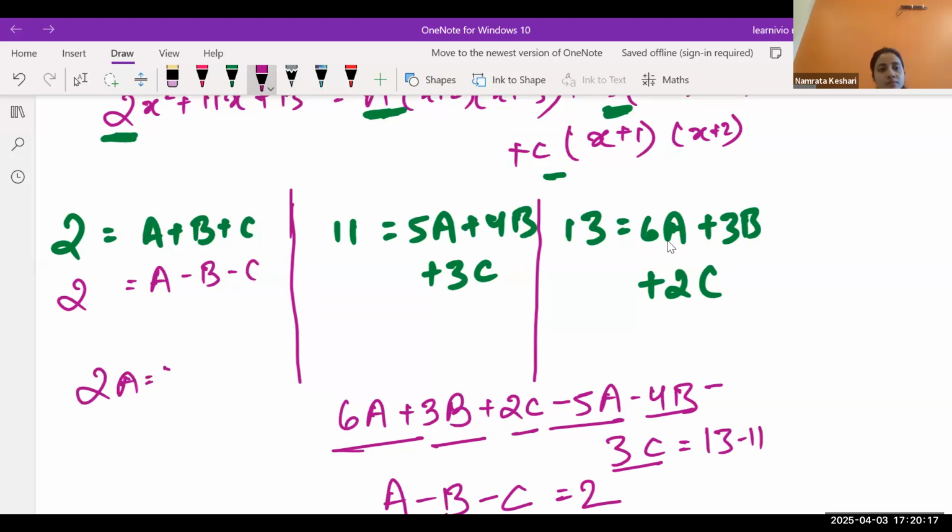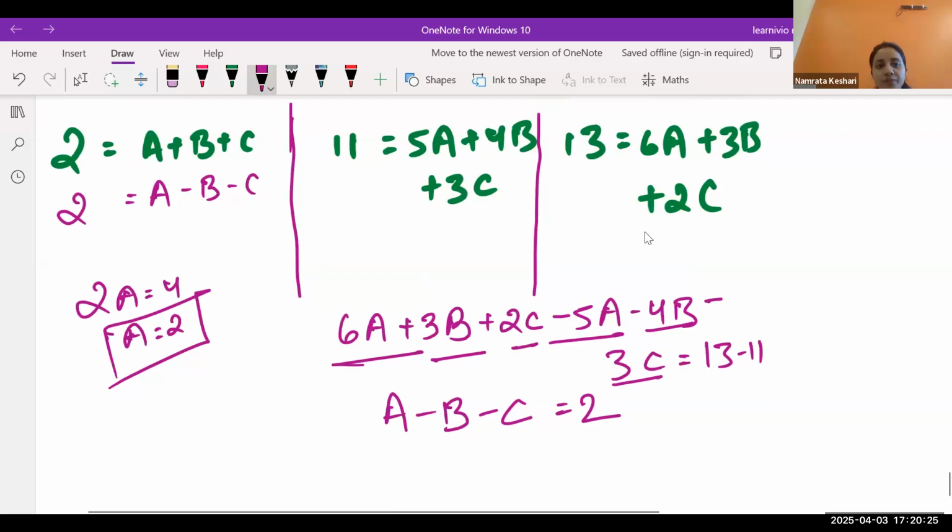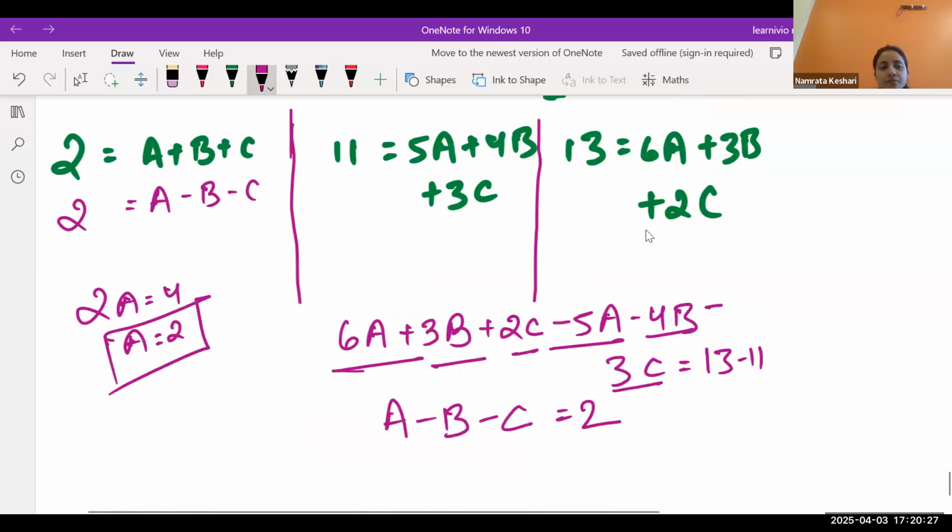A is equal to 2, I got. Now B and C we have to find. So the first equation is B plus C equals 0, because A is 2.